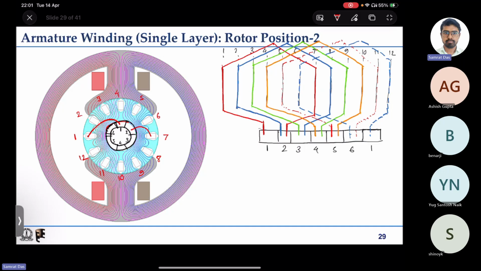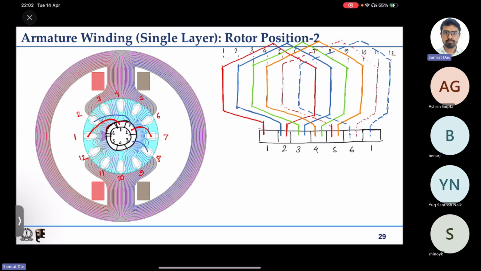So this is the first coil that goes to slot 1. It comes out from slot 7. It goes to commutator segment 2. Next one, it starts from commutator segment 2. It goes to slot 2. It comes out from slot 8 and it gets shorted at commutator segment 3.